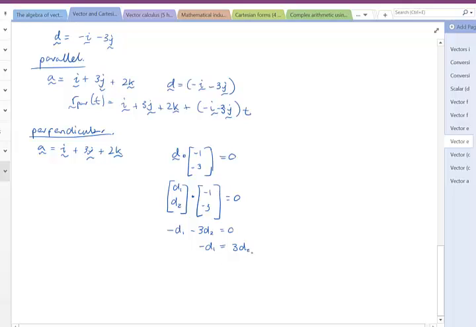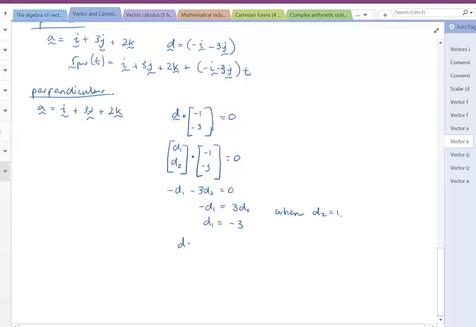Now, what this means is there's going to be infinite solutions. So if we're looking for one solution, when d2 is equal to 1, then d1 must be equal to negative 3. Then we can use d is equal to -3i plus j.